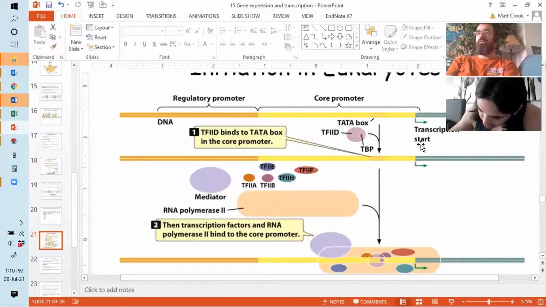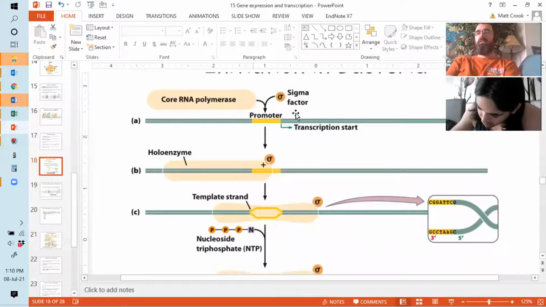So we still have the kind of binding of what's called the basal transcription apparatus, like the basic set. That's mediated by TATA box binding protein and TF2D. So in a sense, these two play the same role as sigma factor does in bacteria. Kind of analogous.